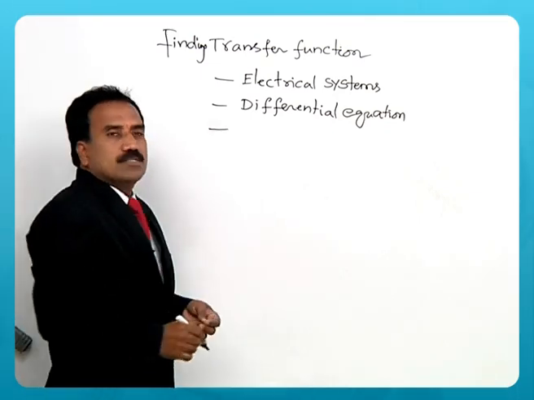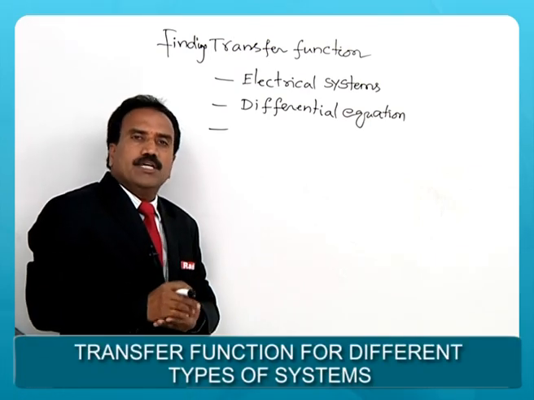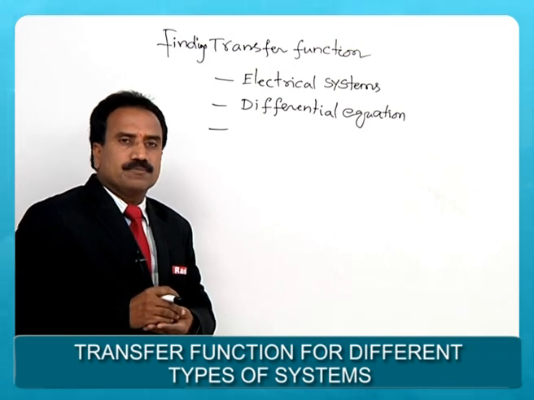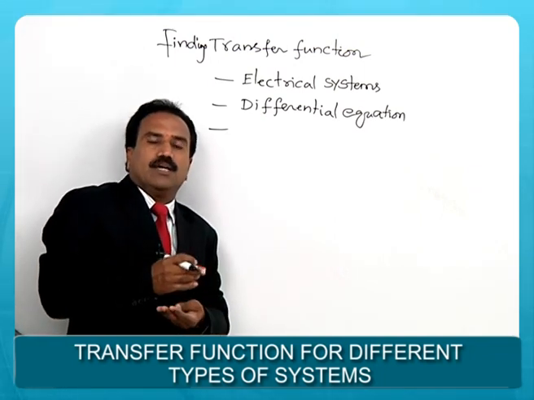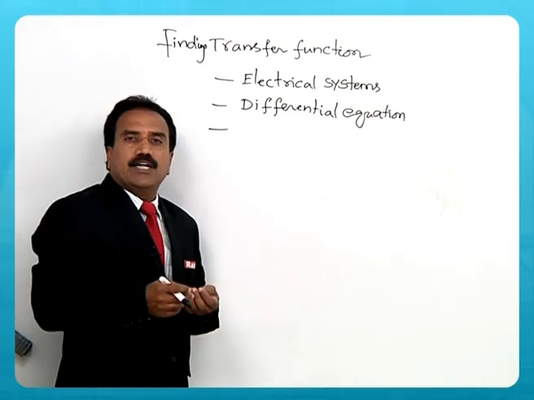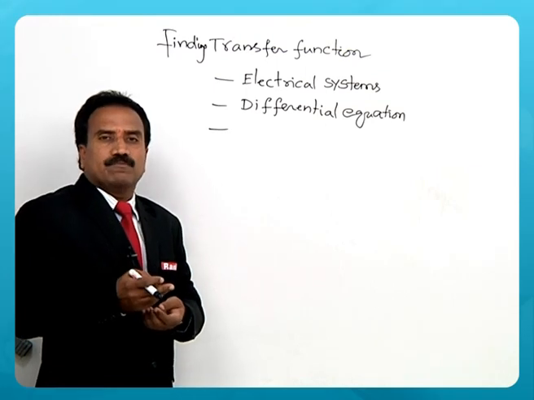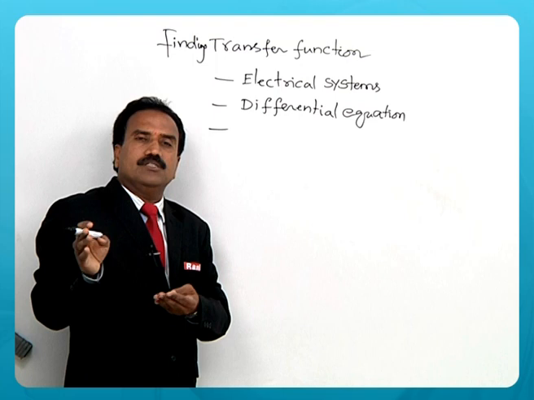Then sometimes this transfer function may be excited by some standard signals that are available: step, ramp, impulse and parabolic. Then you may be asked to find out some response. Transfer function for some response, for some excitation may be given.